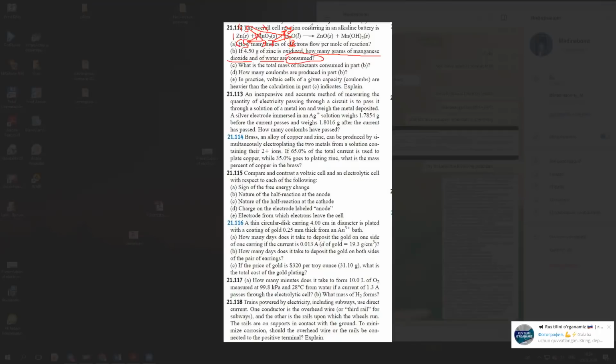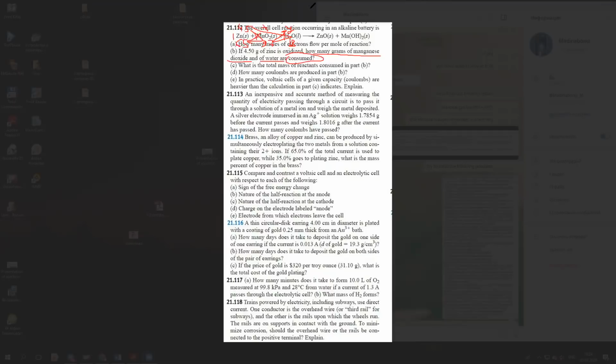What's the total mass of reactants consumed in part B? I didn't hear your voice. No, I read the next question. What is the total mass of the reactants consumed in part B?